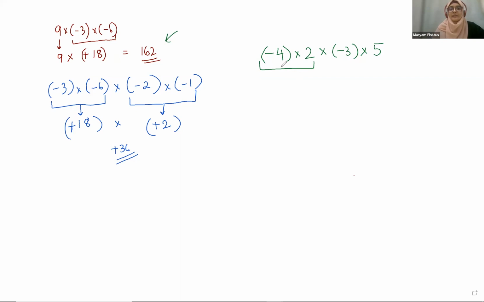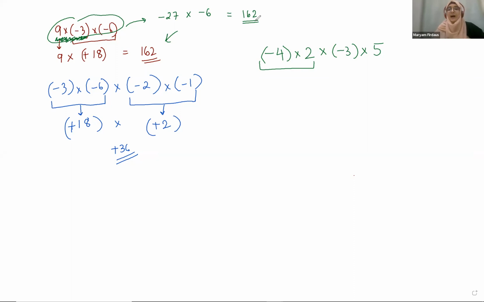Let me take this as an example itself. Over here, if you multiply 9 and minus 3 first, that becomes negative 27, and then multiplied with negative 6, your answer will again come out to be 162 only.